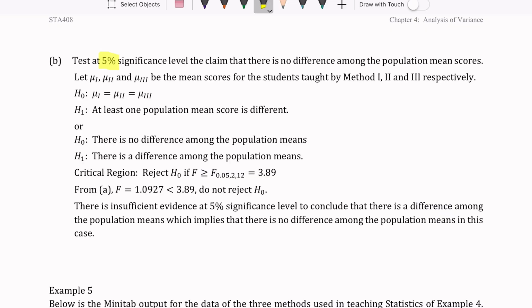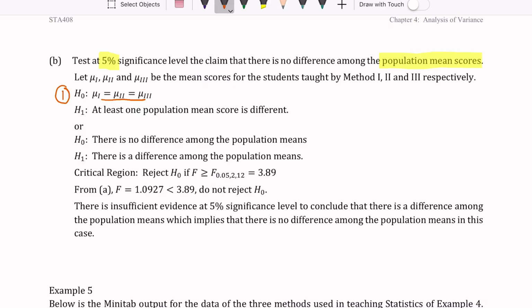So here we have to conduct the hypothesis testing. The goal here is to compare the population means. So I've broken this down into 5 steps. Step number 1 is to state the hypotheses. Remember that we always have the same null hypothesis, which is the population means are equal, and the same alternative hypothesis, which means the population means are not equal.